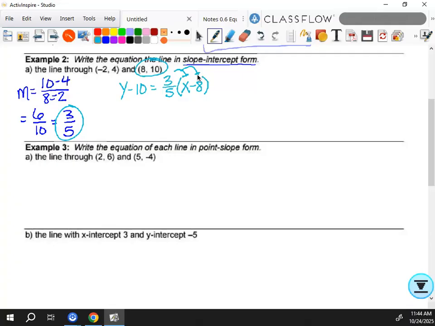Are we still loving this? No, maybe not. y minus 10 equals 3/5 x minus 24/5, right? Then I get y equals 3/5 x minus 24/5 plus 10.